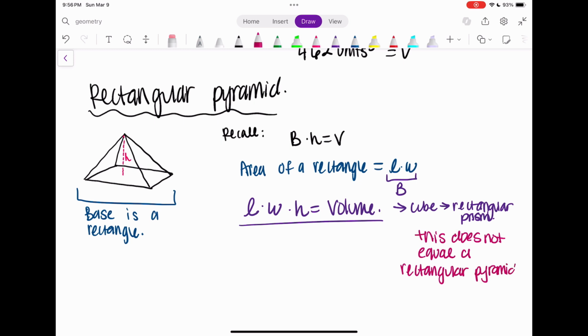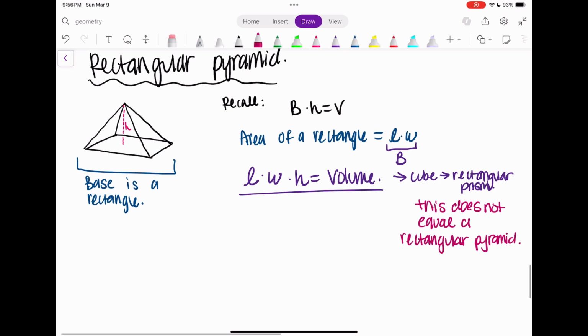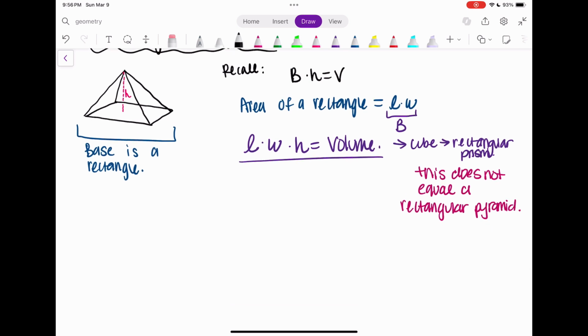So what we're adding up front is going to be a fraction. This fraction is going to be 1/3. So I'm going to have 1/3 times length times width times height is equal to volume.